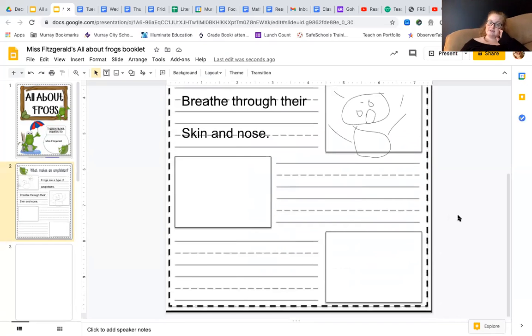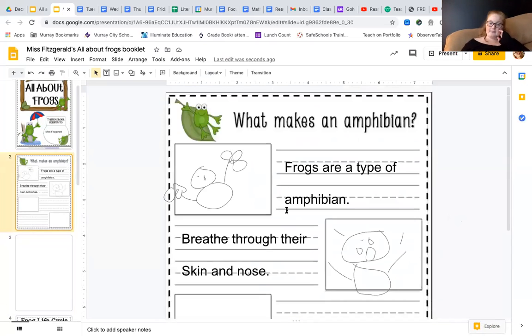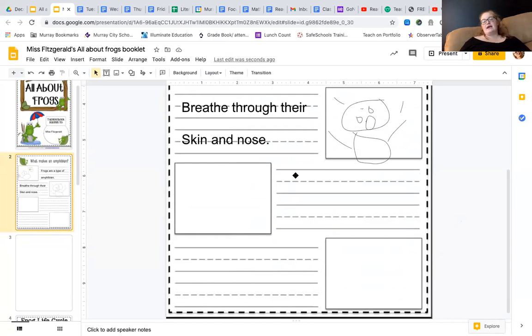So I'm going to move down to the next box. Oh, not the next page, the next box. Okay, and in the next box, I am going to write another fact that I learned about amphibians, which remember, frogs are a type of amphibian, from the video that we watched. So amphibians, trying to think, what were they talking about that they did with their eggs? Oh, that's right. They lay eggs.